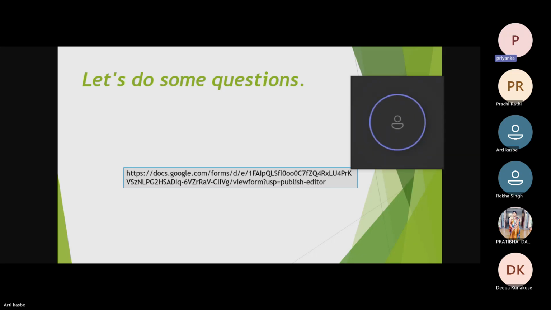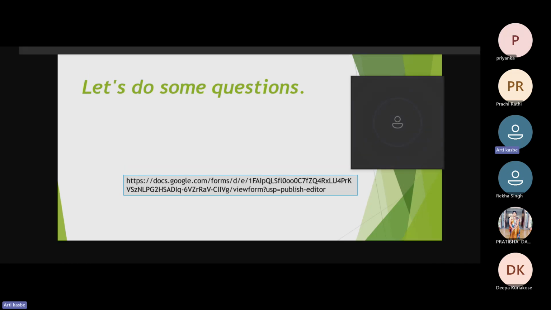If a corresponding angle is 70, what will be the measure of the other corresponding angle? Corresponding angles are congruent, that means equal. So the answer is the other corresponding angle is 70. Right. Okay, done all of you? Yes, ma'am. Yes, good.